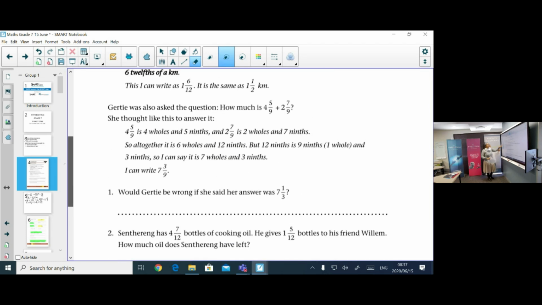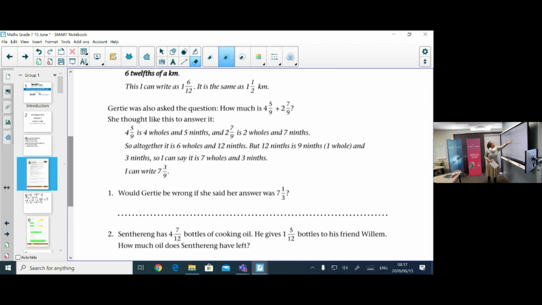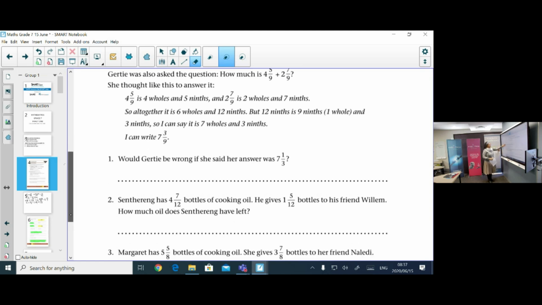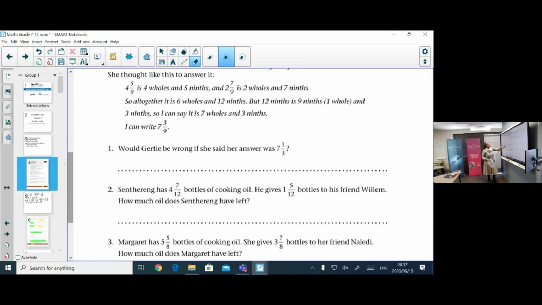So we have solved this one, whereby we can see that the answer was 7 and 3 over 9. And the question was, would Ketri be wrong if he said her answer was 7 and 1/3? We see that the answer is correct because he simplified 3 over 9, which is equivalent to 1/3.